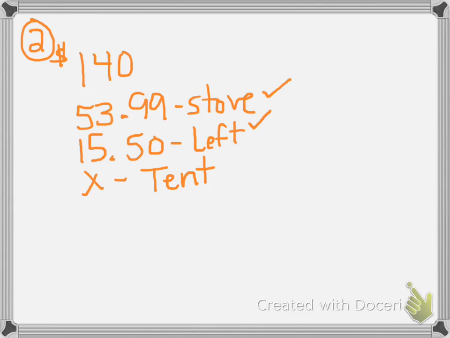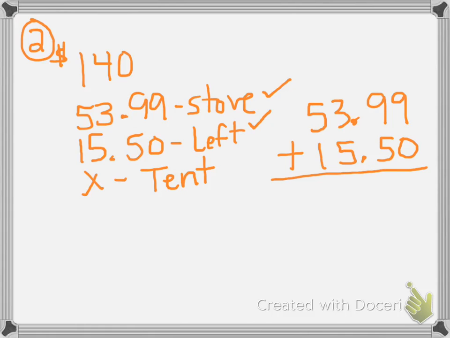Add by lining up the decimals, $53.99 plus $15.50. Anytime we add decimals, we want to make sure that our decimals are lined up.